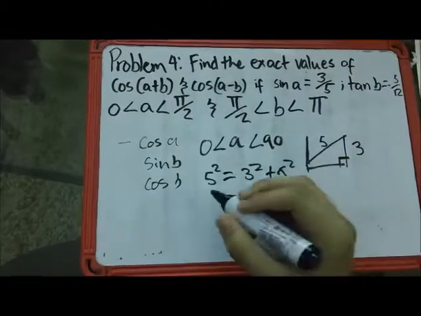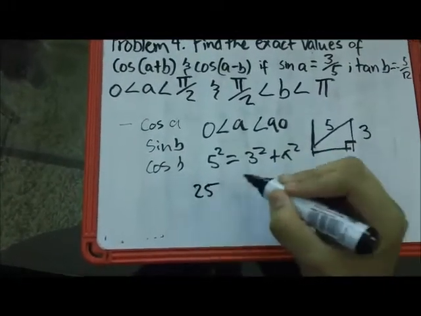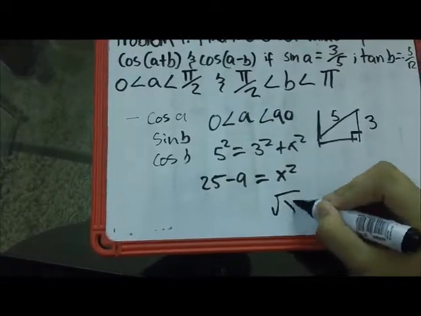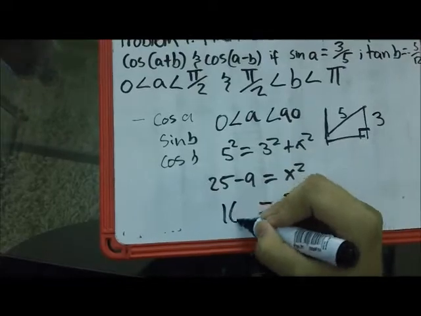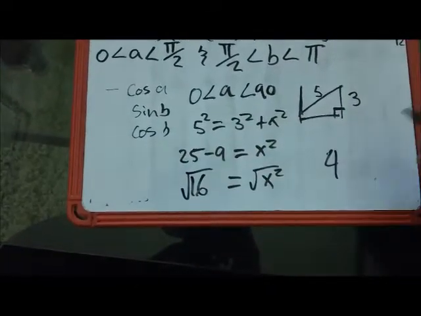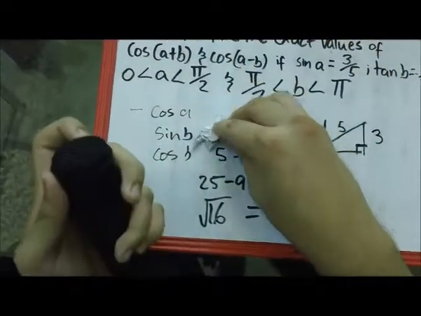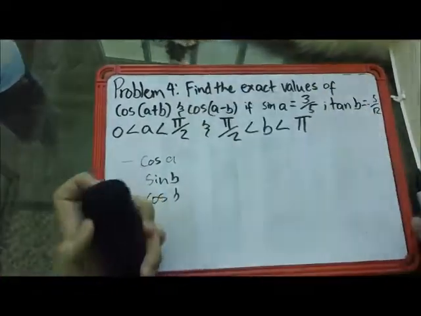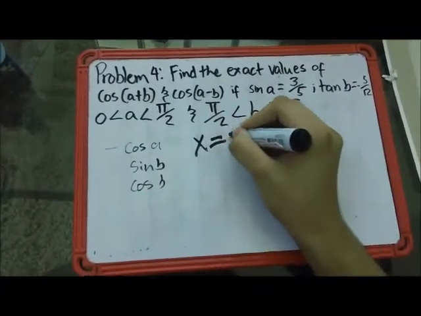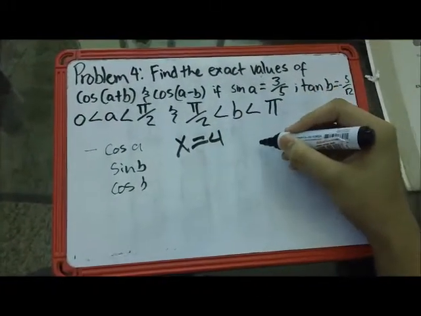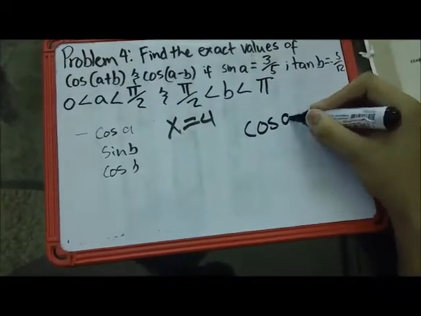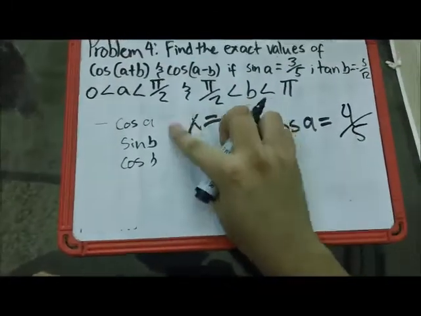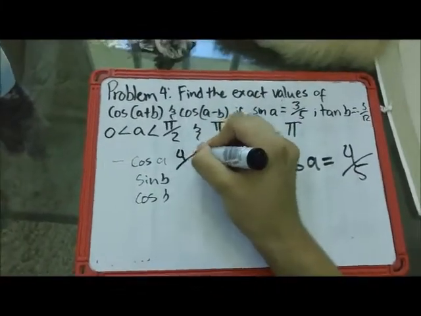So 5 squared is equal to 3 squared plus x squared. So we're going to get 25 minus 9 equals x squared. And when we square root that, we get 4. So x is just basically 4. So then cosine A is just basically 4 over 5.